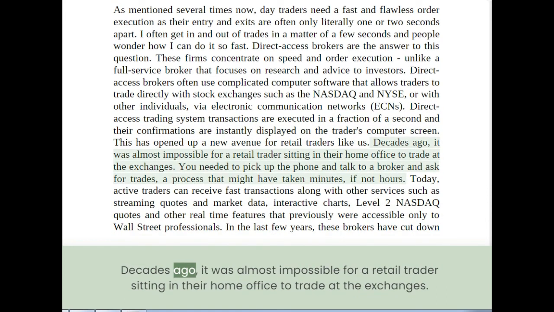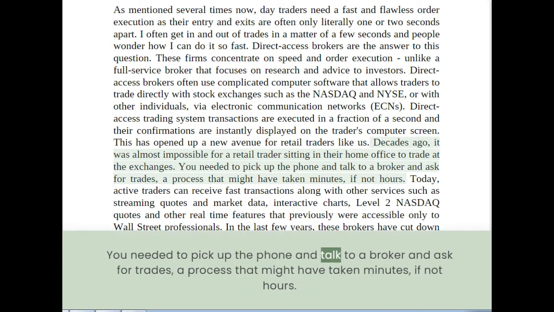Decades ago, it was almost impossible for a retail trader sitting in their home office to trade at the exchanges. You needed to pick up the phone and talk to a broker and ask for trades, a process that might have taken minutes, if not hours.